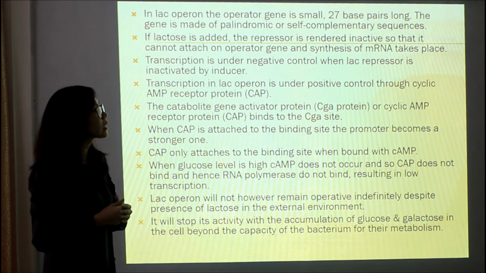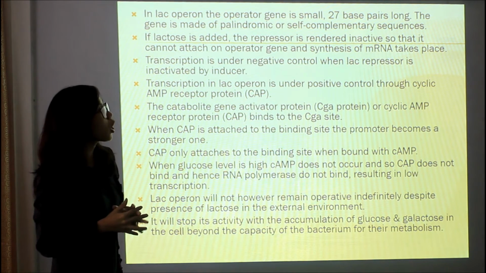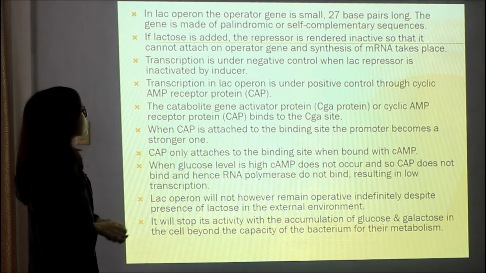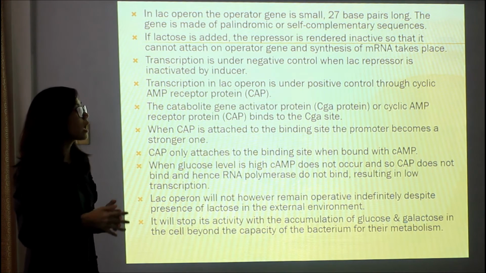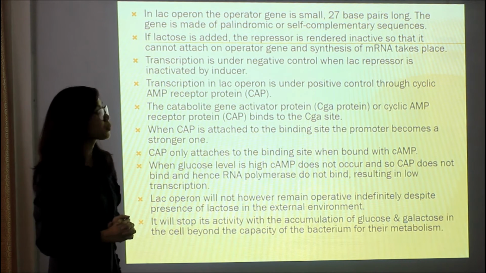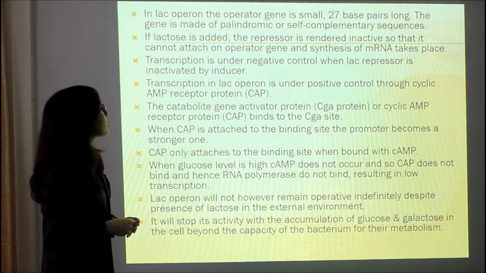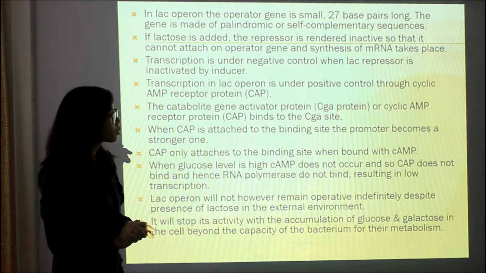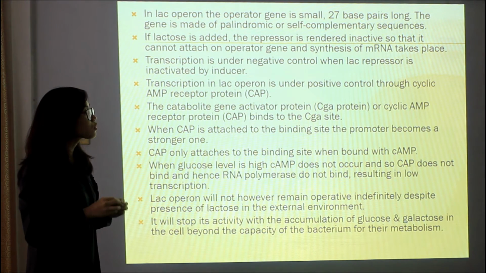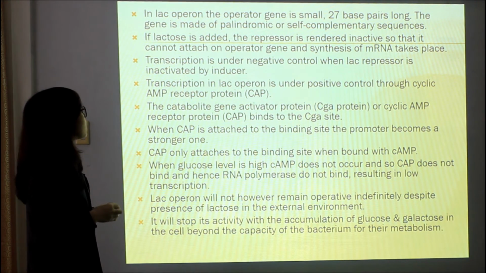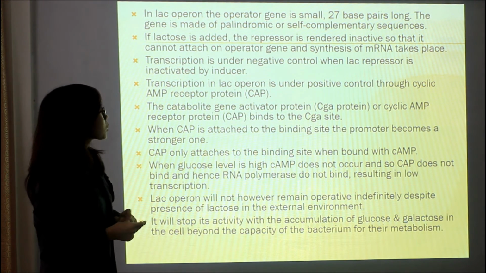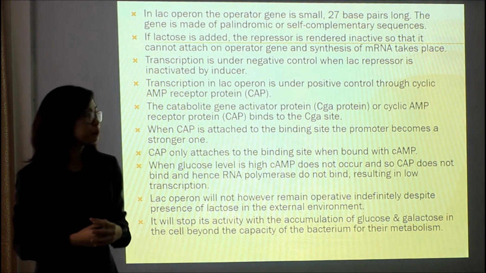Transcription is under negative control when the lac repressor is inactivated by the inducer. Transcription in the lac operon is under positive control through the cyclic AMP receptor protein, the CRP. The catabolite gene activator protein, or CAP, or cyclic AMP receptor protein, binds to the CAP site. So when CAP is attached to the binding site, the promoter becomes a stronger one.